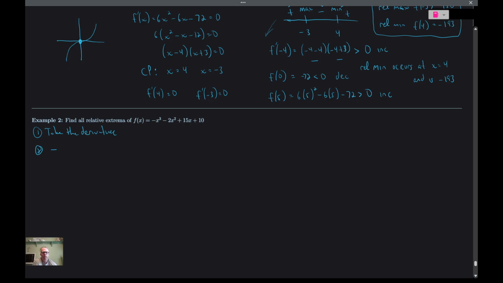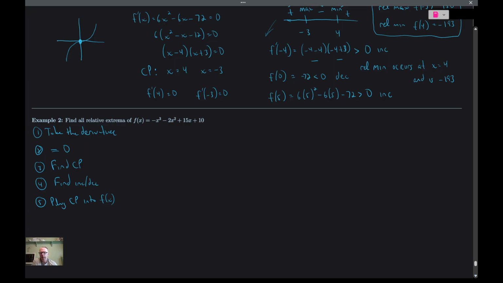Step 2, set equal to 0. Step 3, find critical points. Step 4, find your increasing and decreasing intervals. Step 5, plug critical points into the original function f of x.